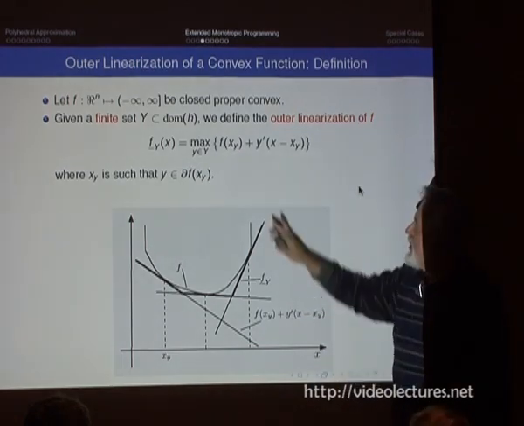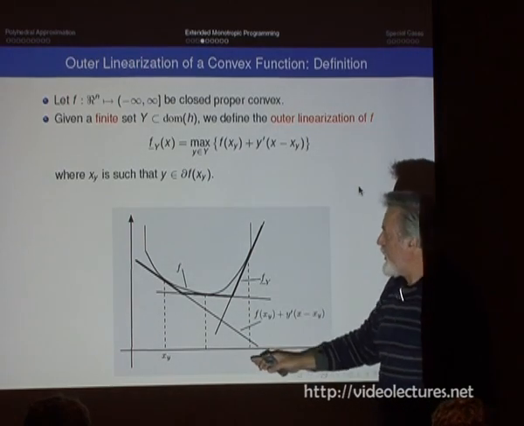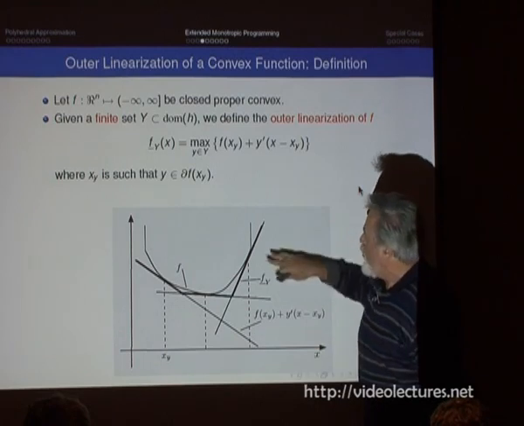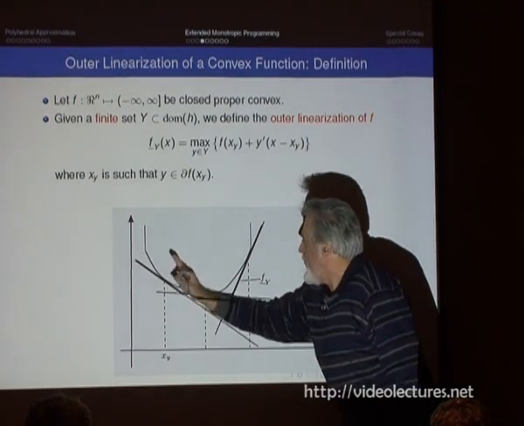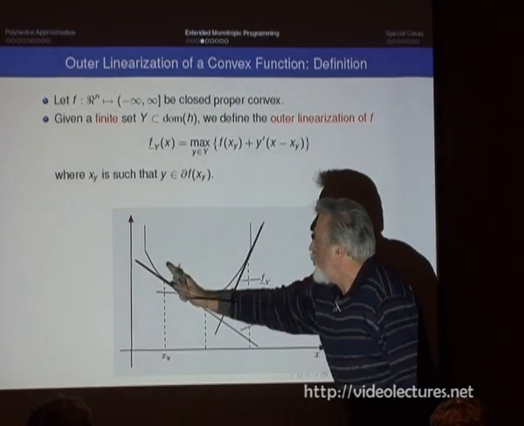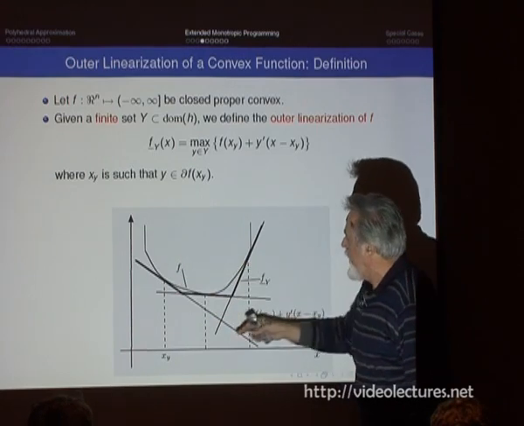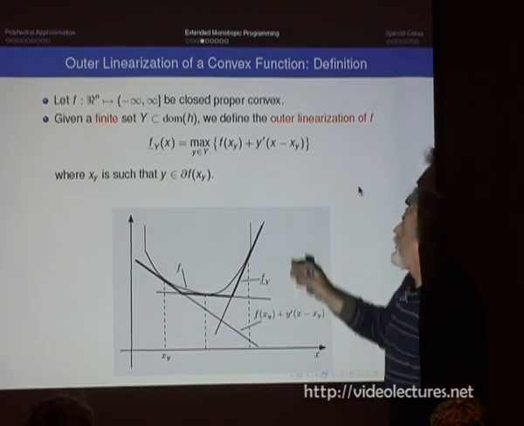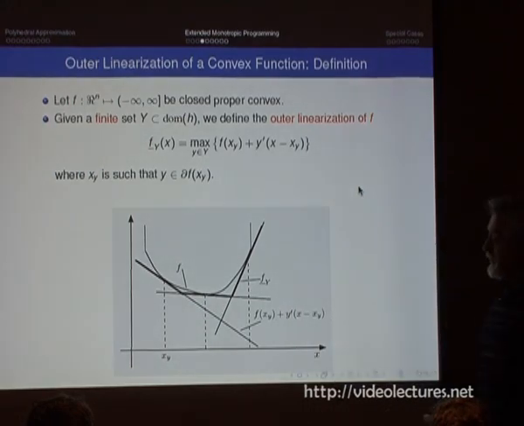But rather than remember this definition, it's easier to remember a picture. We have capital Y, a finite number of slopes. We fit those slopes to the epigraph of the function, take the maximum, and we obtain the outer linearization. Note that an outer linearization is always real valued. It doesn't have infinities.